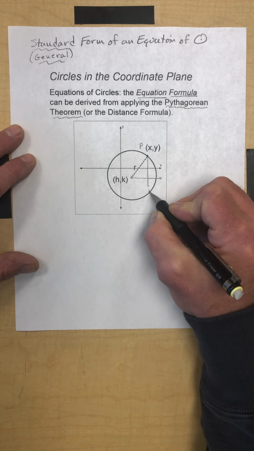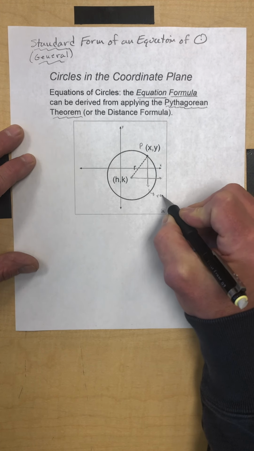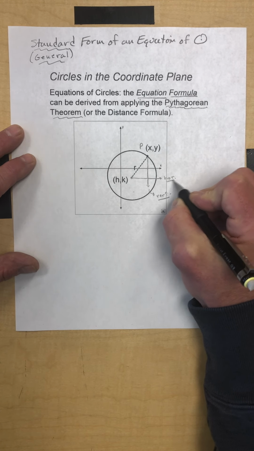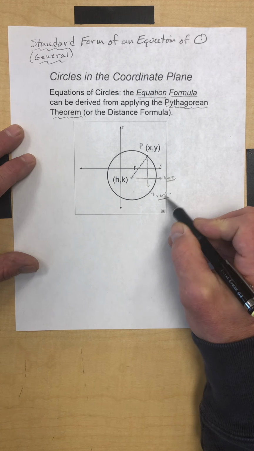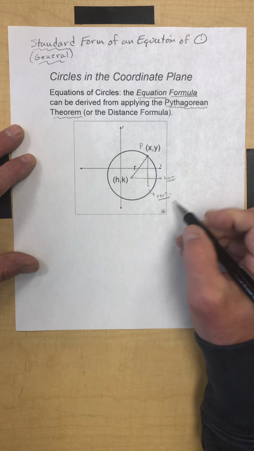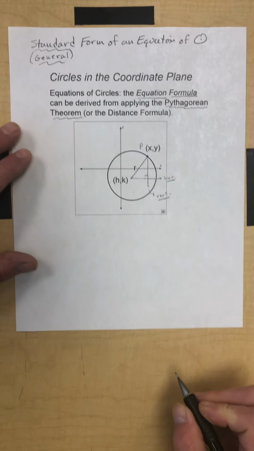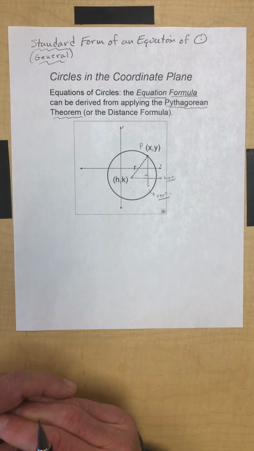This is a vertical line, and this is a horizontal line. Anytime a vertical line and a horizontal line intersect, they form a right angle. So we have a right triangle.